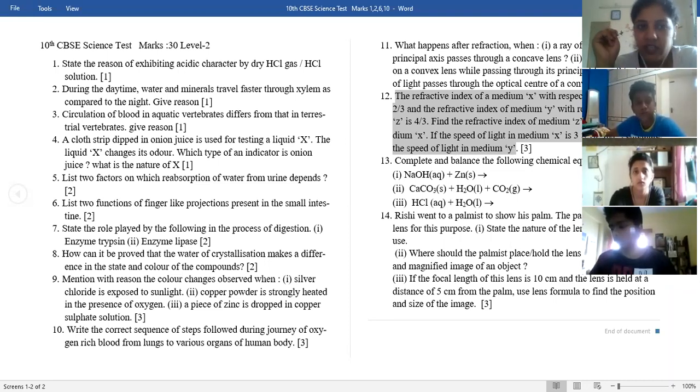That is one thing, one circulation. And the second thing is the amount of oxygen dissolved in water is much lesser as compared to the amount of oxygen present in the air. So therefore, the rate of breathing increases, and when the rate of breathing increases, the circulation is also faster. Circulation of the blood will also be faster.